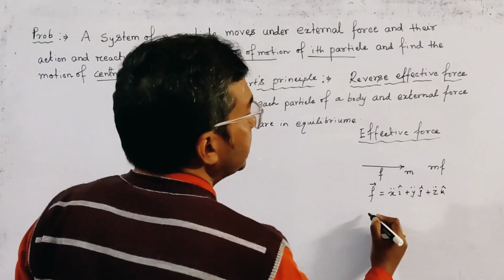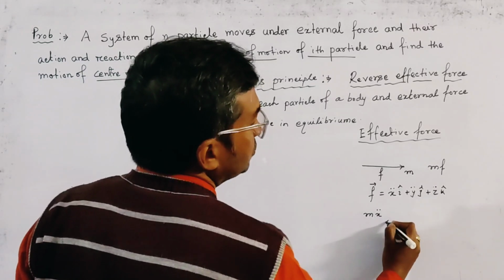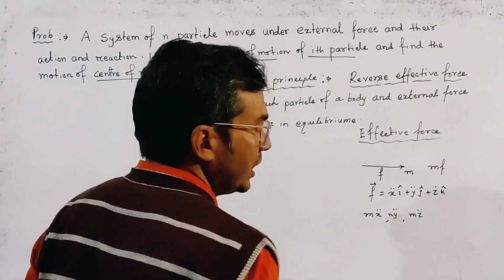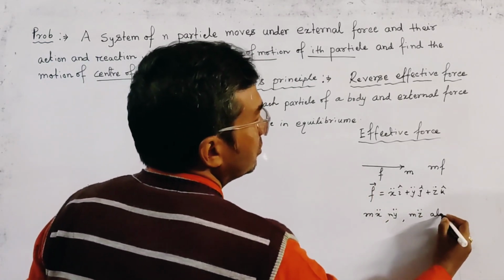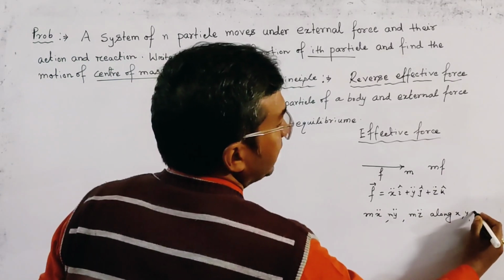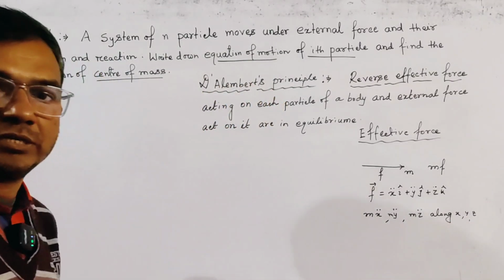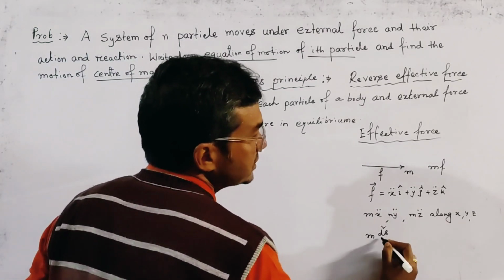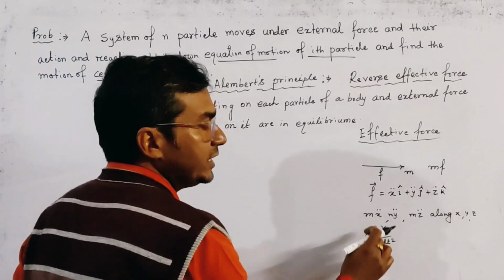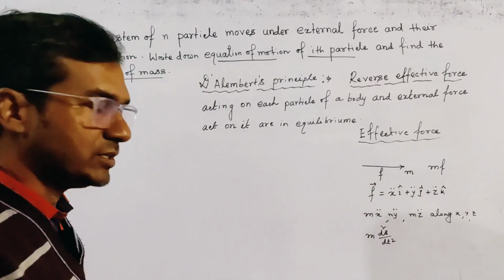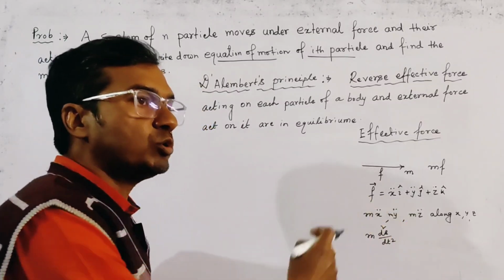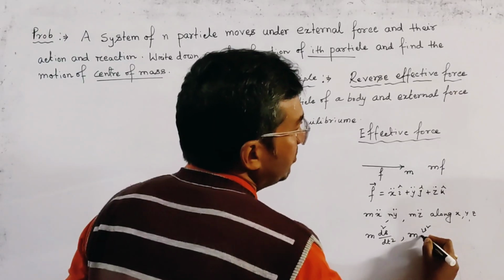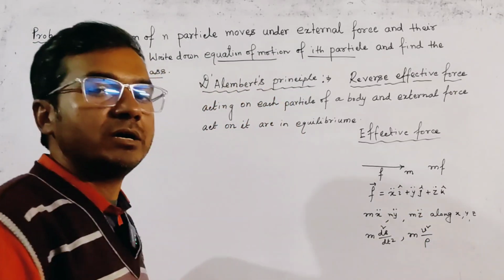So we say that m x double dot, m y double dot and m z double dot are the effective forces along the x, y and z axes respectively. Similarly, m d2s by dt2, where d2s by dt2 is the tangential acceleration, is the tangential effective force, or effective force along the tangent. And m v square by rho is the effective force along the normal.